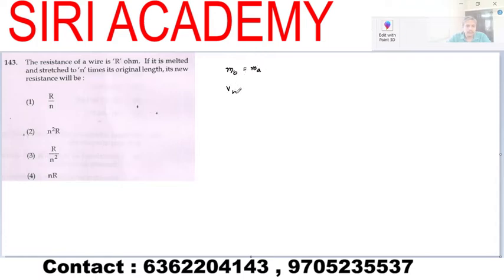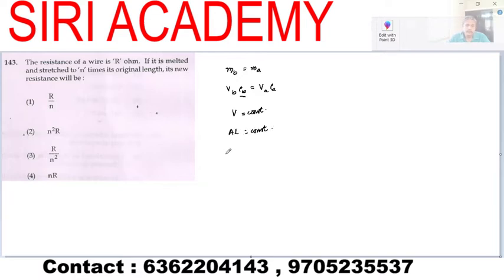So volume before and density before, because mass equals volume into density, and volume after and density after. Now density is constant, so volume is also constant, that is area into length equal to constant.